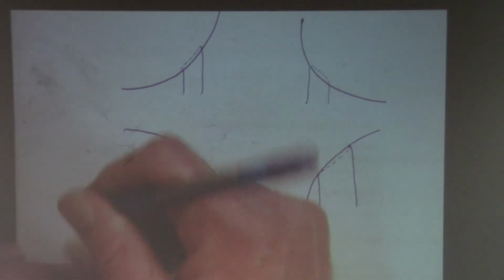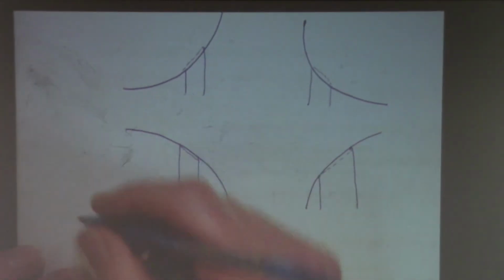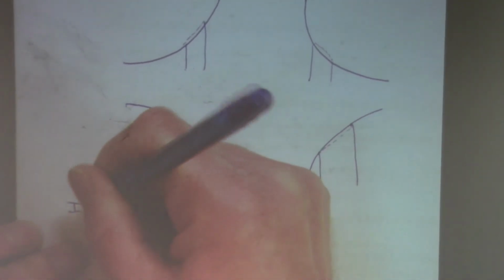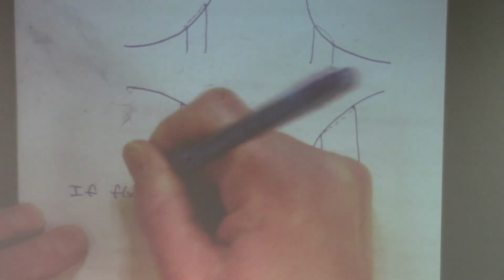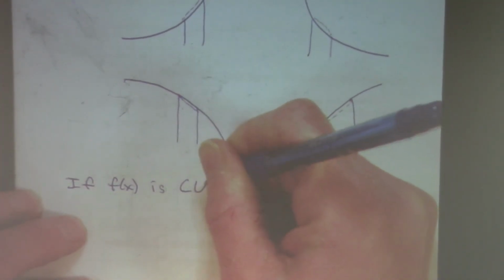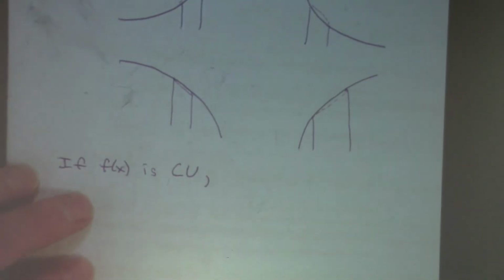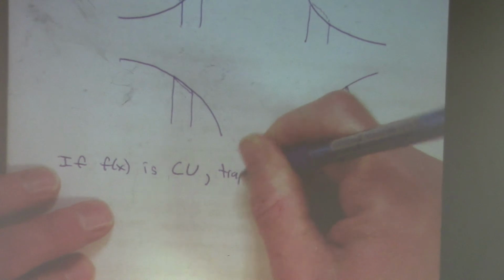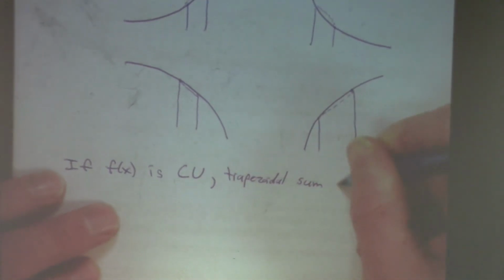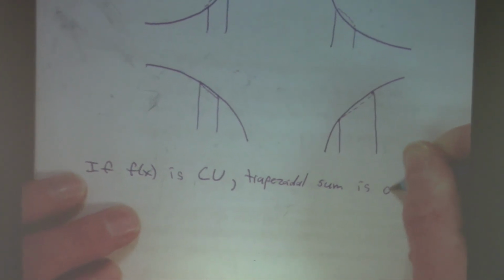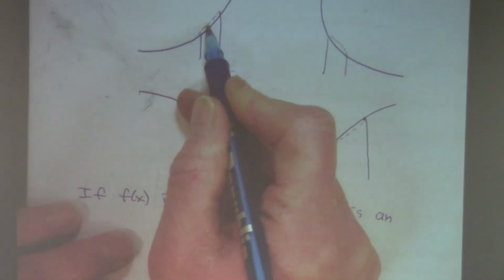So on the back of your note card, let's see if we can summarize this. I'll just use f of x for the function. And I'm going to abbreviate here to make it easier on everybody because we know what CU and CD mean. That means concave up. So if f of x is concave up, the trapezoidal sum is an, we just saw concave up is yielding overestimates, isn't it?